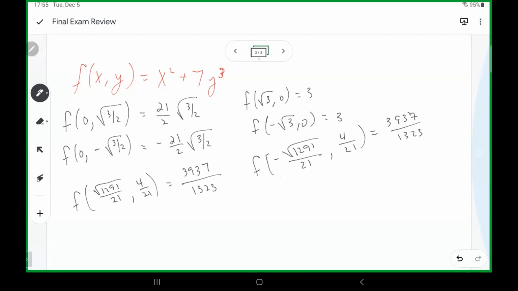All right, so then what that tells us is the maximum value, and negative 21/2 at (0, negative 3 halves) is the minimum value.